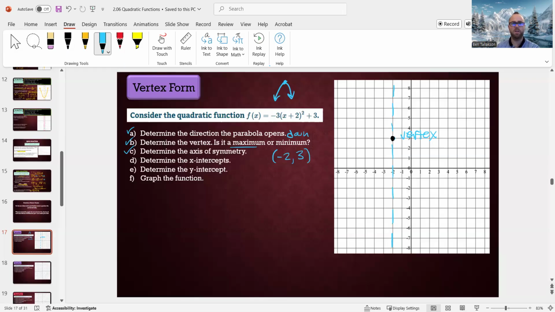Determine the x-intercepts. How can we do that? X-intercepts is next on the menu. Anytime y is 0, right? So we set y, aka f of x, equal to 0.